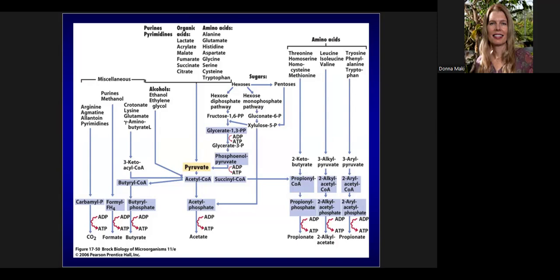So you can even see organic acids come in, amino acids, all kinds of other molecules can come into these pathways and create fermentation processes. And again, it just depends where the microbe's living and what is its habitat and what will be its nutrients that it'll bring in and start running these fermentation pathways.